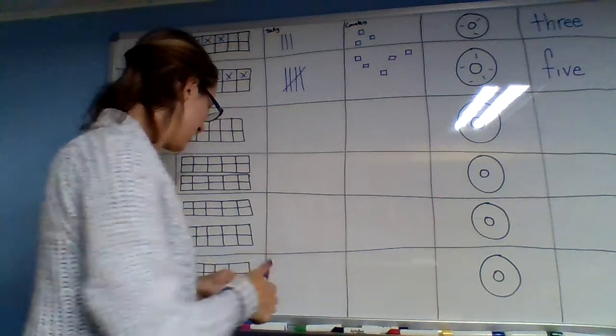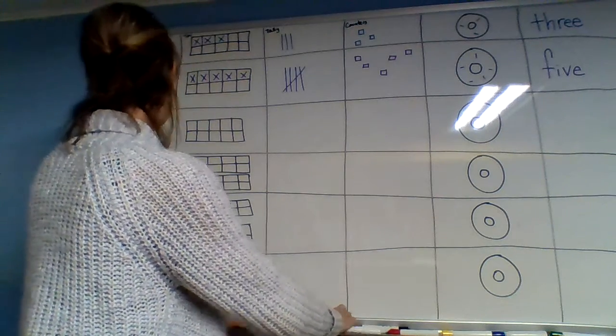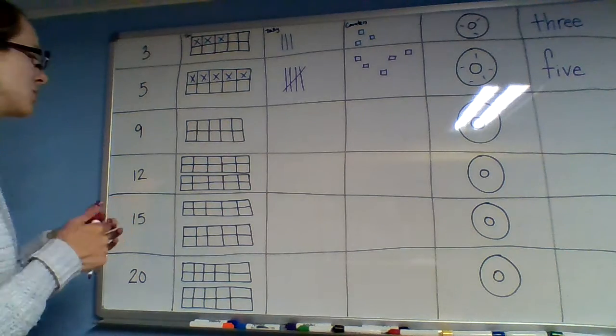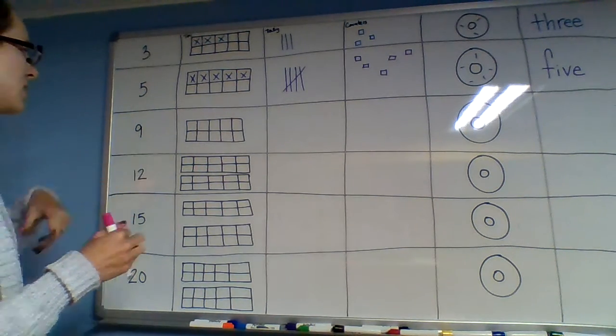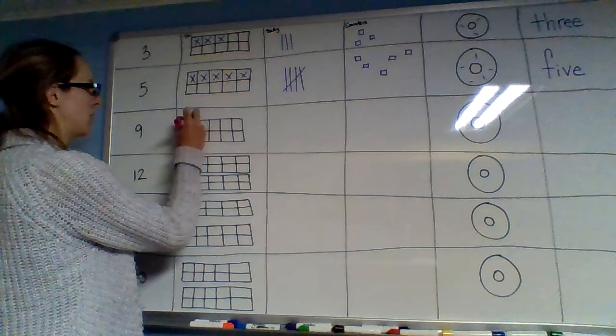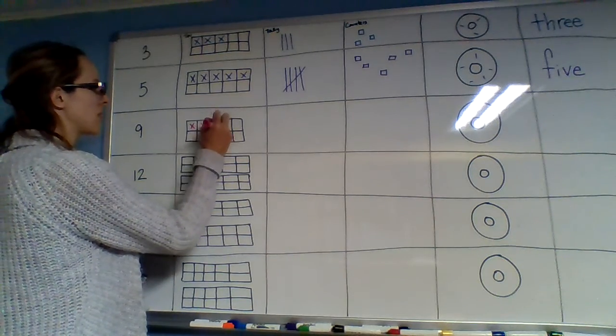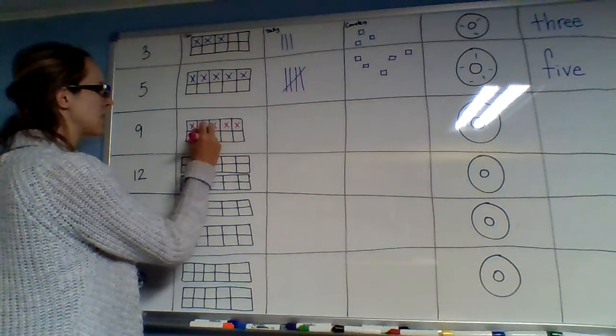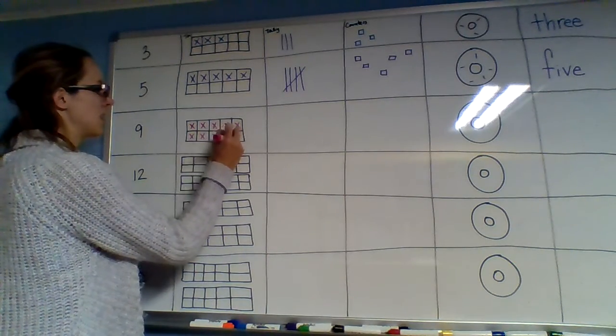Moving right along, let's try another one. Let's do 9. The number 9 is less than 10, so I still just need one tens frame. I'm going to count 1, 2, 3, 4, 5, 6, 7, 8, 9.